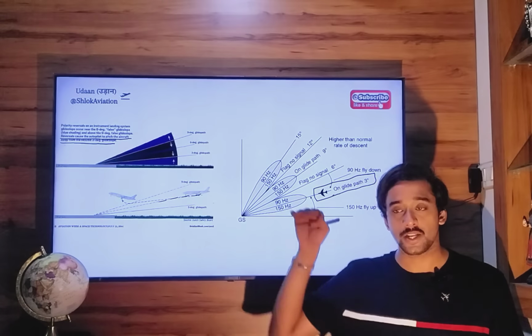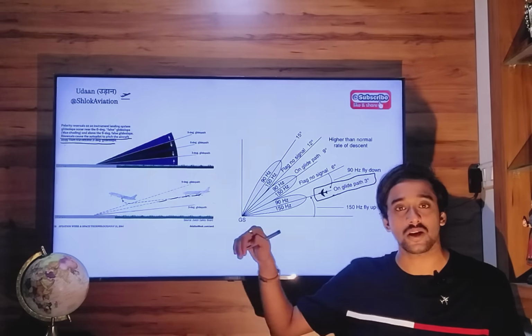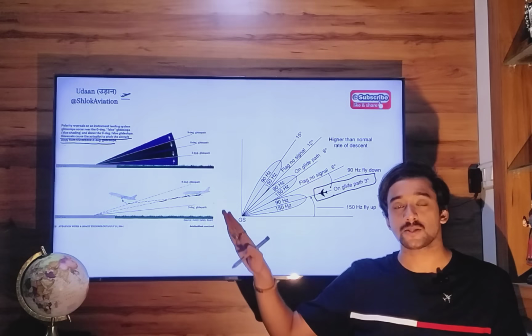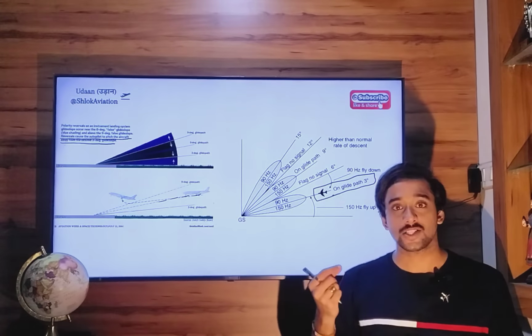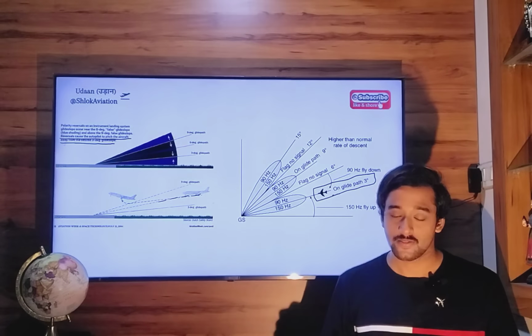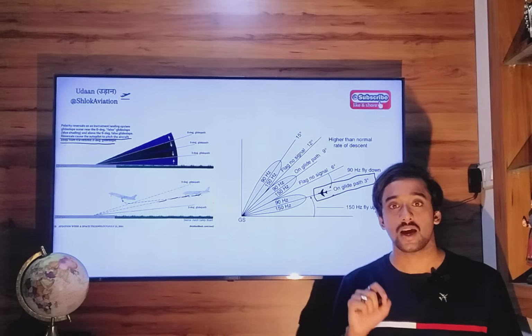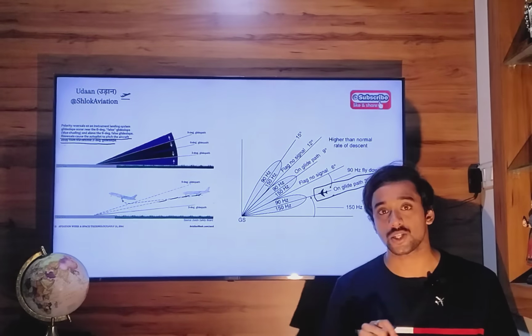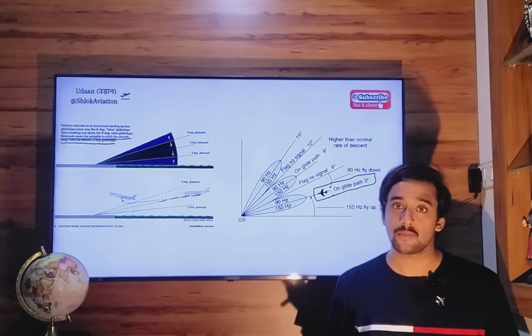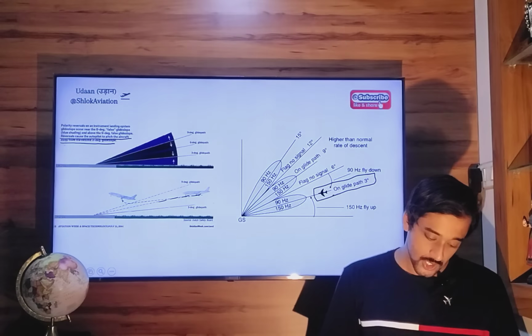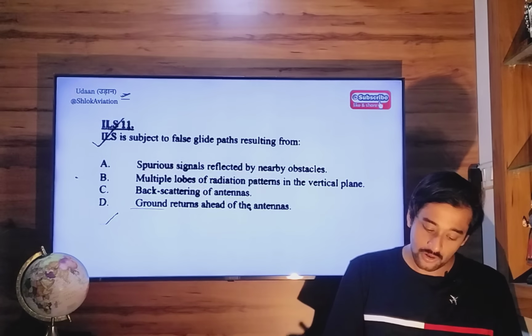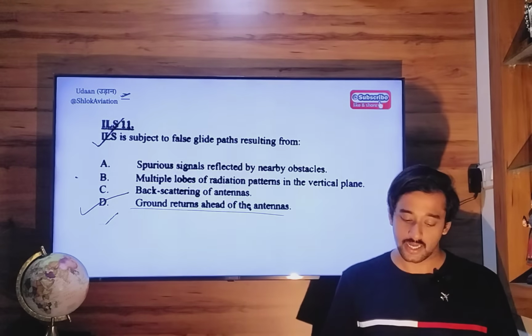All of a sudden you're flying a 3-degree glide slope down to the runway and the aircraft starts pitching up. That's the clue that the aircraft is trying to capture the false glide path. All these false glide paths are a result of ground reflection. So if they ask you in Viva why we have false glide paths, it is because of ground reflections. So the correct answer here is ground returns ahead of the antenna.